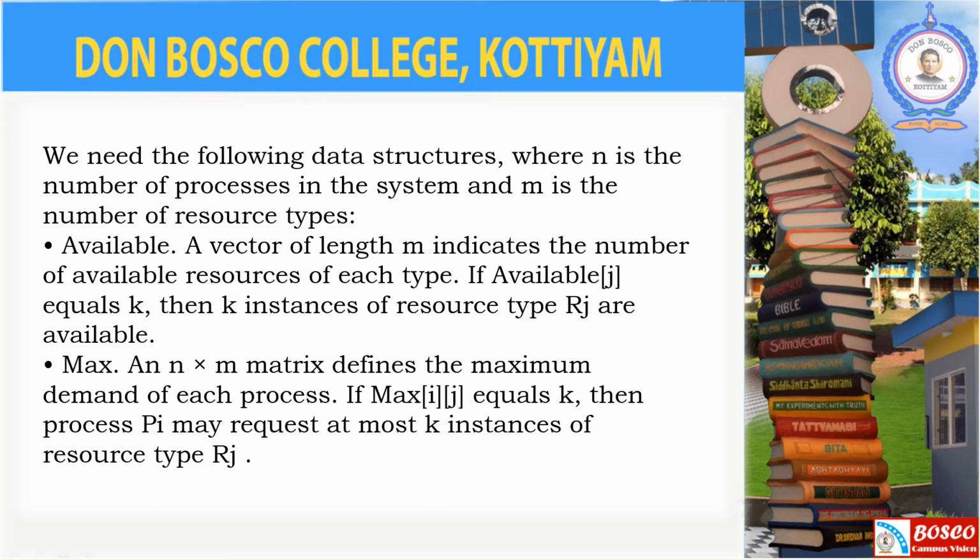So the process Pi can request k instances of resource type Rj.